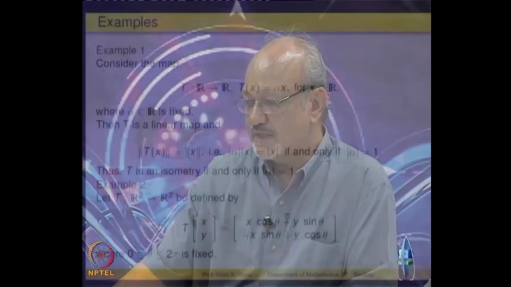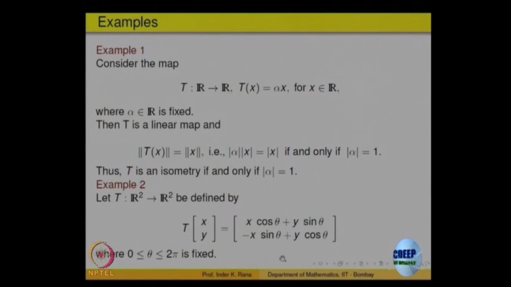With theta fixed, we want to check whether it is an isometry or not. So, let us compute the magnitude of this vector: x cos theta plus y sin theta, whole squared, plus minus x sin theta plus y cos theta, whole squared, that is the norm squared.